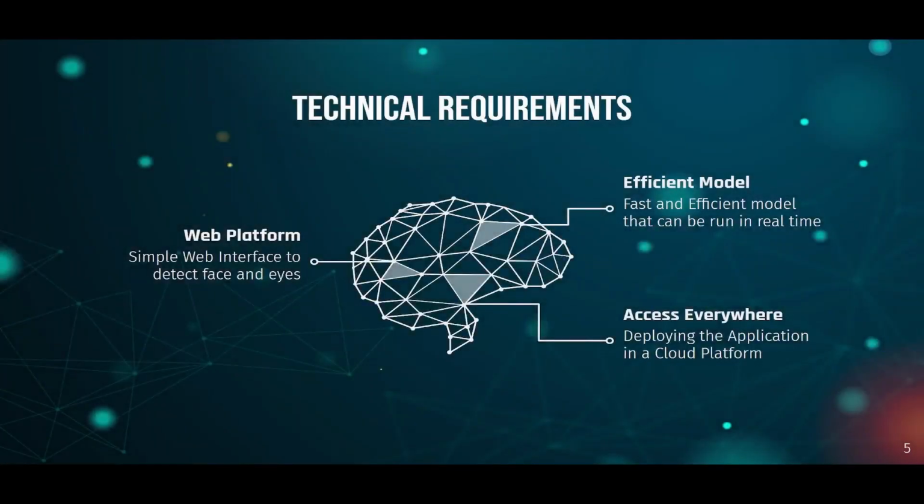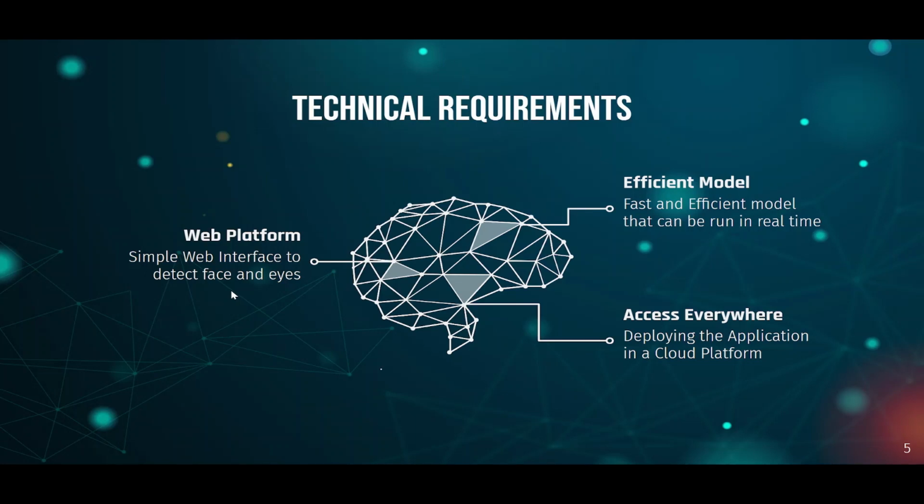So now we have some technical requirements that we have to put. First of all, our web platform has to be a simple web interface for accessibility, so that anyone can use it simply, and its main goal is detecting faces and eyes.